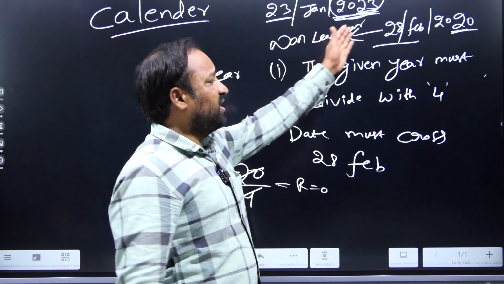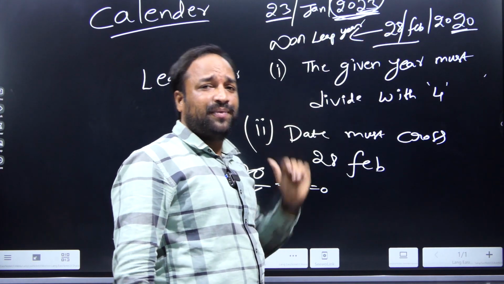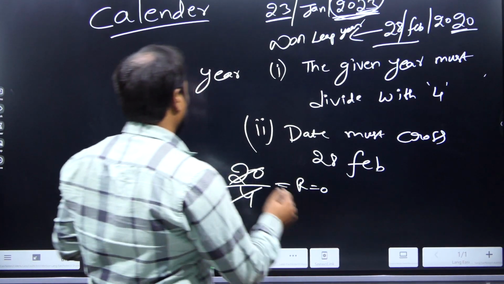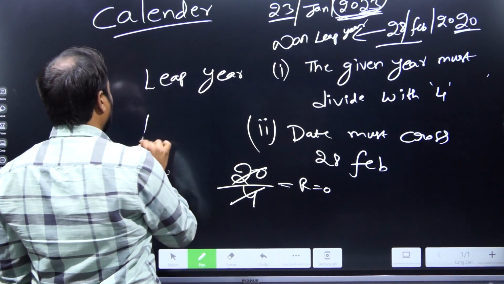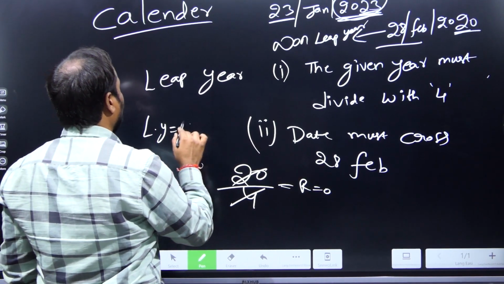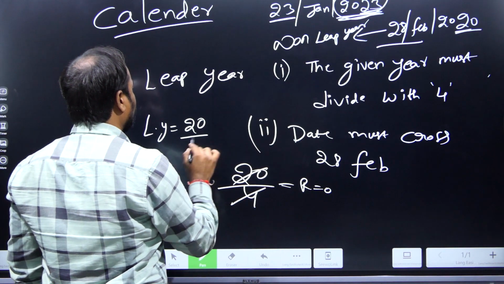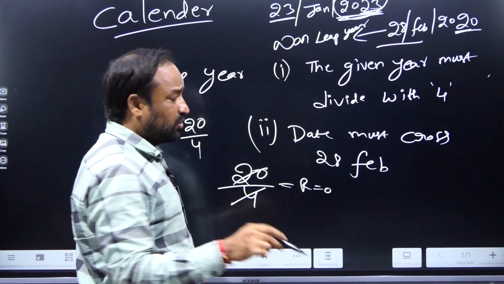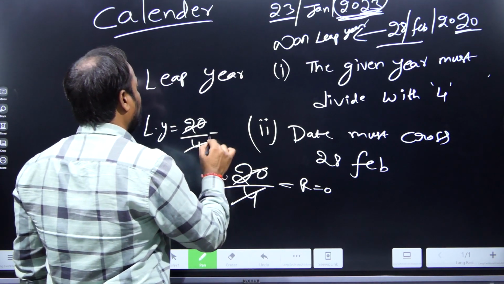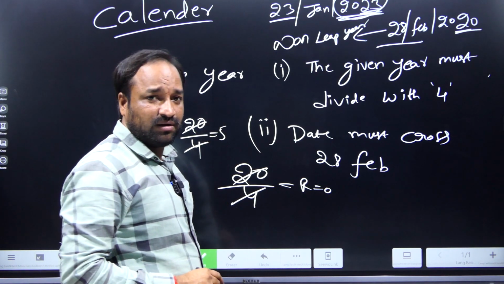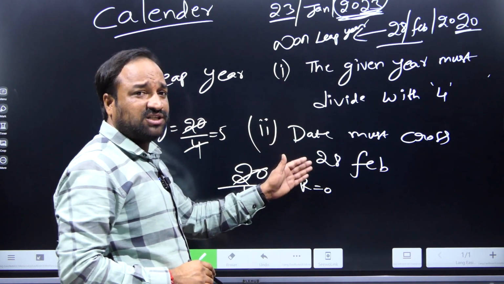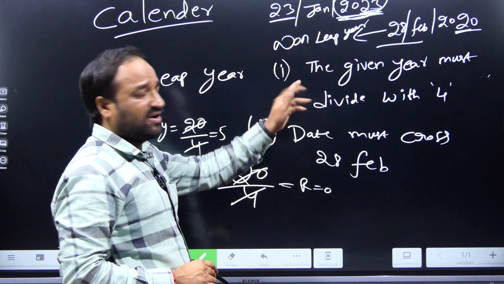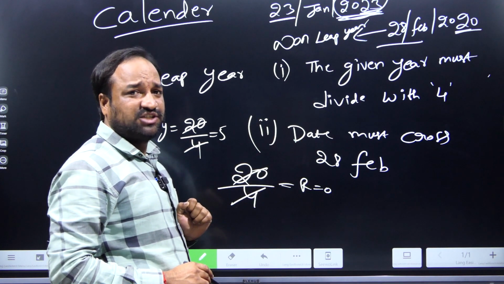Sir, if it is a non-leap year, then how many leap years are there? See here. For finding the number of leap years, we consider the last 2 digits. The last 2 digits are 20. 20 must be divided by 4. How many times does it divide? 5. The first condition is satisfied, but the second condition is not satisfied.